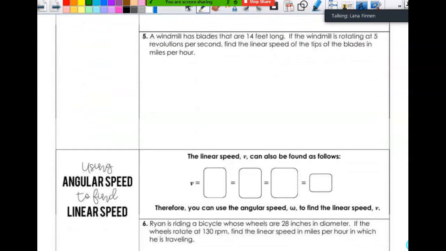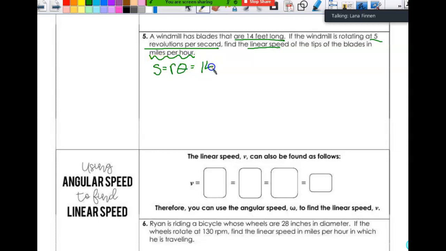All right, let's look at number 5. A windmill has blades that are 14 feet long. So is that the radius or the diameter? The radius. Okay, if the windmill's rotating at 5 revolutions per second, I want the linear speed in miles per hour. Okay, so I'm going to have to start off with the arc length. Arc length is r theta.